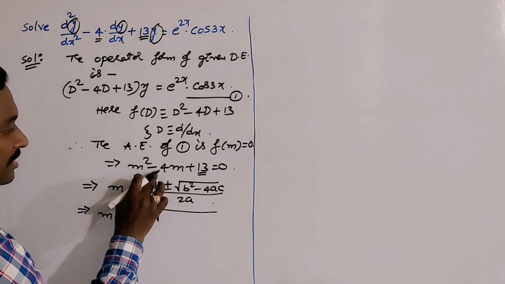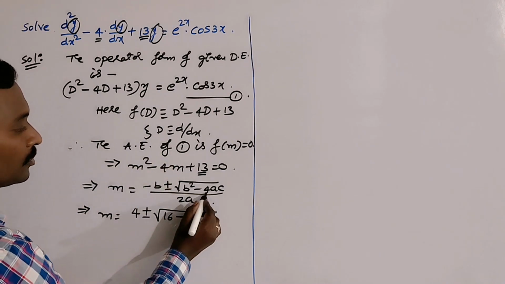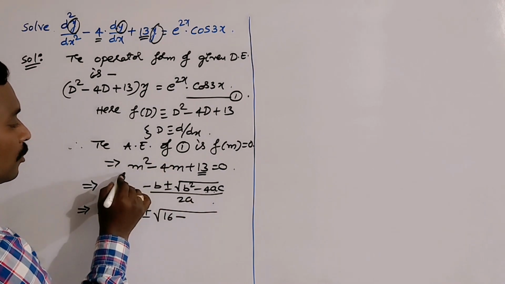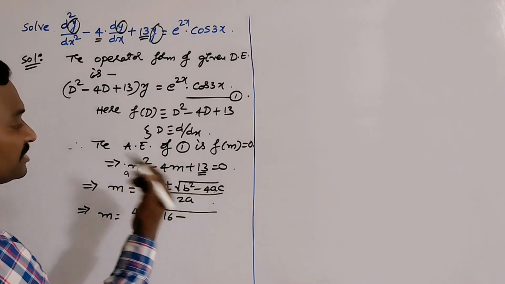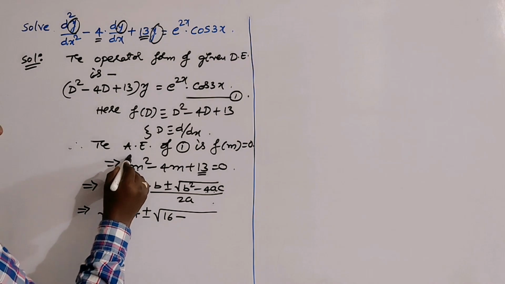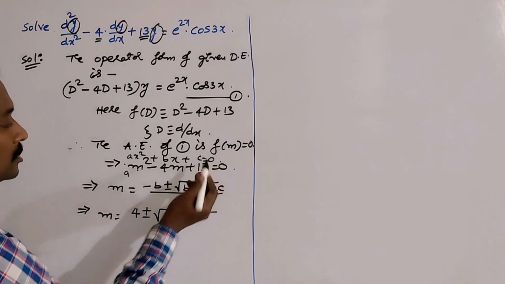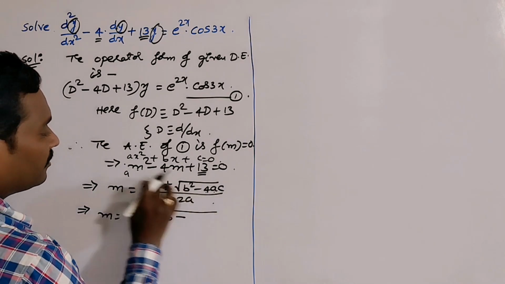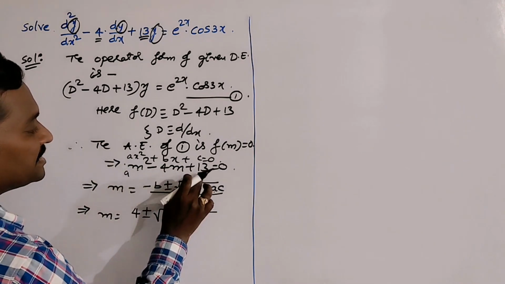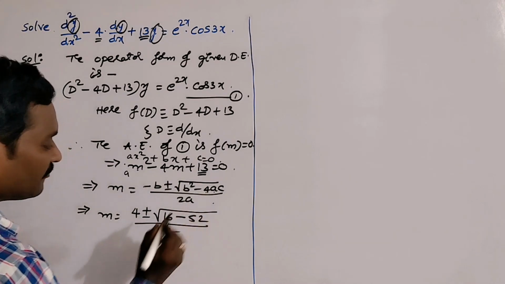Negative 4 whole square is 16, minus 4 times a. What is the a value? The coefficient of m square. Compare this with the general quadratic equation ax square plus bx plus c is equal to 0, so you will get the a, b, c values. a is 1 and c is 13. 4 times 13 is 52, by 2 times 1.